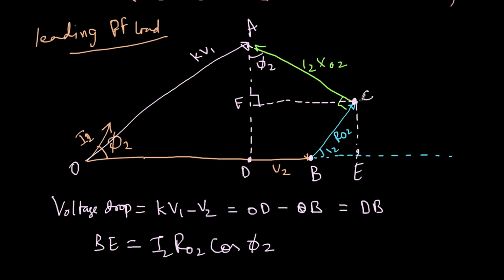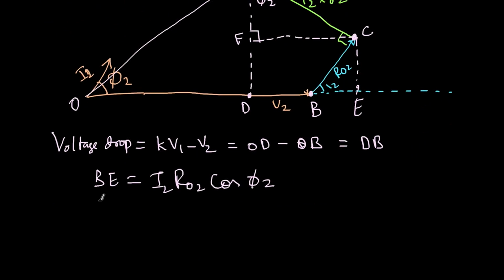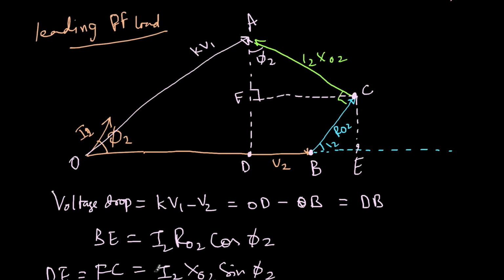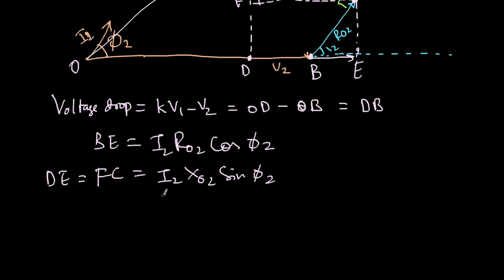And then what is DE? DE is nothing but I2 X naught 2 sine of phi 2. So everything is same, just that now from here I am going rightwards for this, but then I am coming backwards for this. So therefore the voltage drop will be nothing but this minus this, that is BE minus DE. So this is my voltage drop.